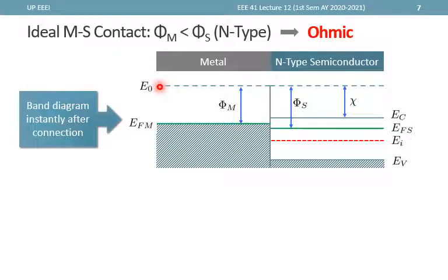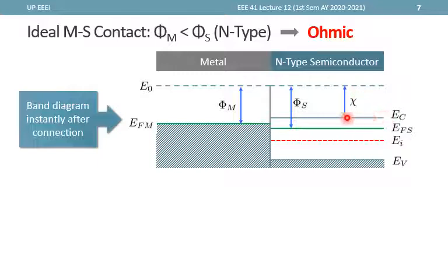So we start with this flat E naught first. This is our reference energy level, in this case, instantly after connection. Then we draw phi m, or we draw EFM, phi m below E naught. And then at the semiconductor side, we can start with EC, and that is chi energy below E naught, since this one is constant for our semiconductor.